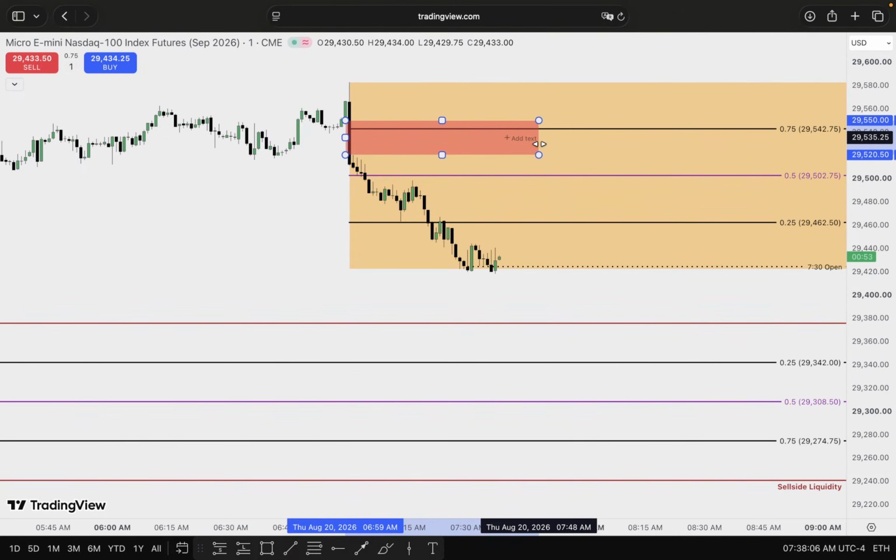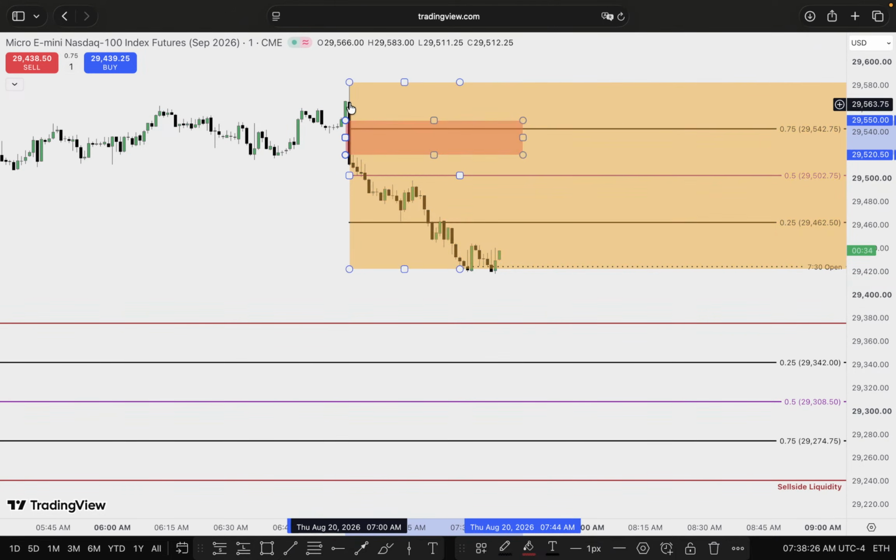I'm interested in seeing how we trade from here if we get there. If we get here, do we mess around here, or do we just instantly start working lower, or do we work through this and get to the high of here?